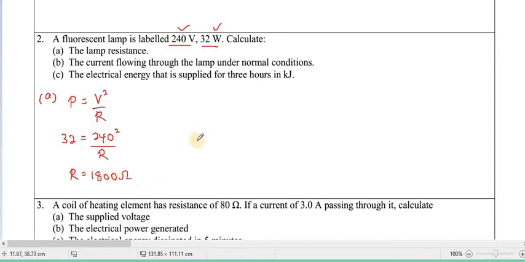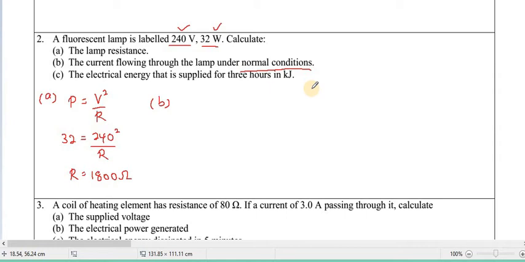Alright, so after that, the current flowing through the lamp under normal condition. In a lot of questions, you will see the words normal condition, or it says can function normally. What does this mean? It means that the lamp obtains 240 volt.